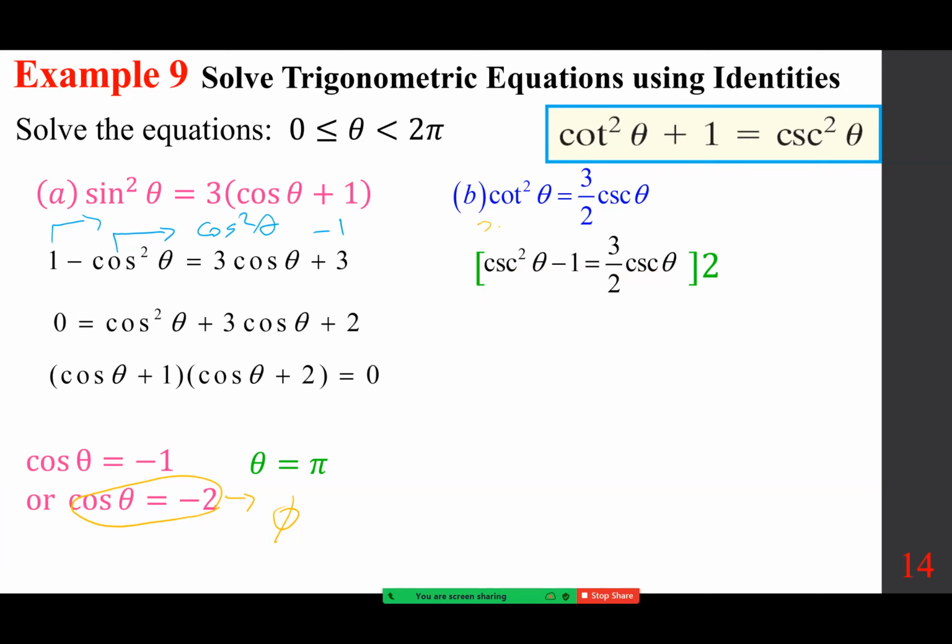We have 2 cosecant squared theta minus 1 equals 3 cosecant theta. Move everything to the left, put them in descending order. And again, factoring is very easy because 2 is a prime number.